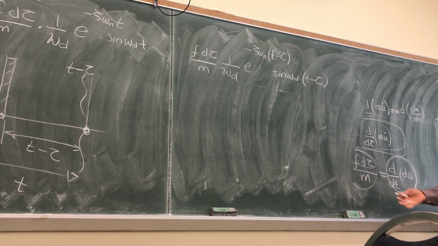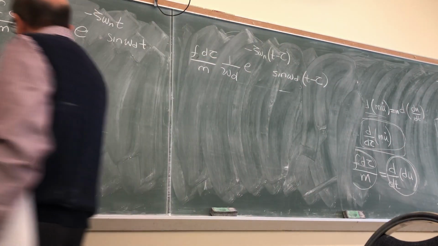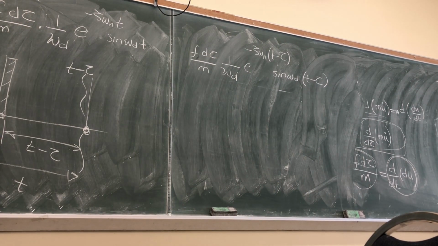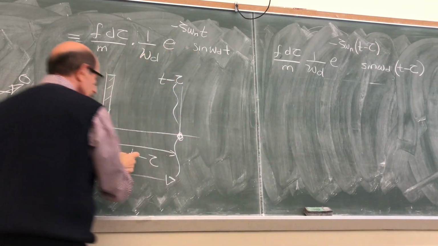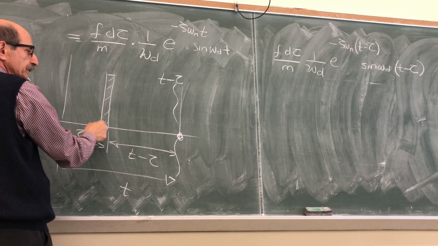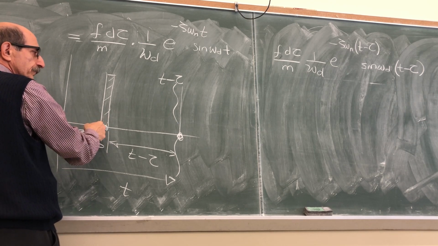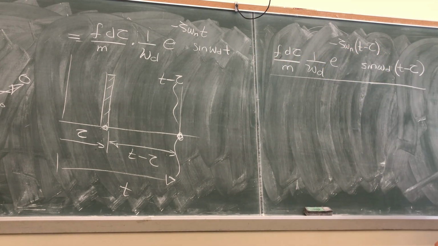So let's summarize that. If you have an impulse that acts on the system at this time, after this impulse is applied, at any point which is t minus tau away from the moment of the application of this impulse, that would be the response of the system.